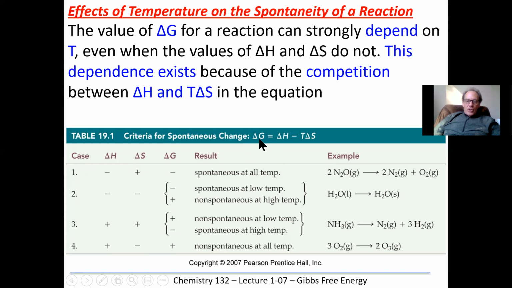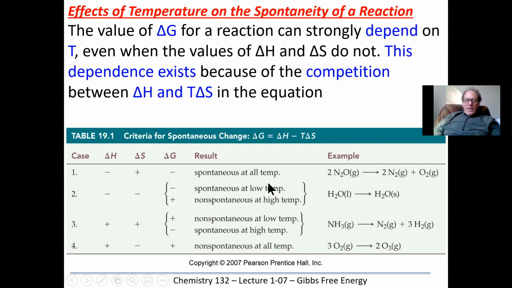So when is delta G negative? Well, delta G must be negative when delta H is negative and delta S is positive, because if delta S is positive, when we multiply a positive by a negative, we get a negative. When we add a negative to a negative, we get a negative. So delta G will always be negative when delta H is negative and delta S is positive.